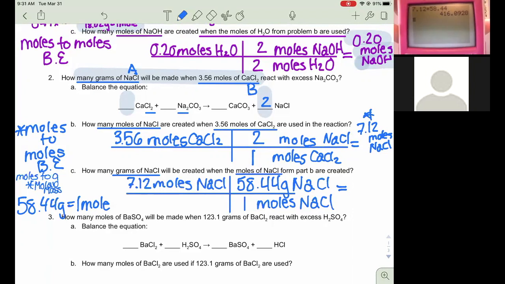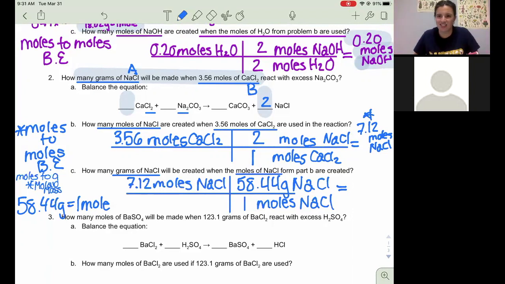Again, I only want 2 decimal places because that's all you need. So 416.09, and I've got to put my units, grams of NaCl. I'm going to double check my math here really quick. Beautiful.